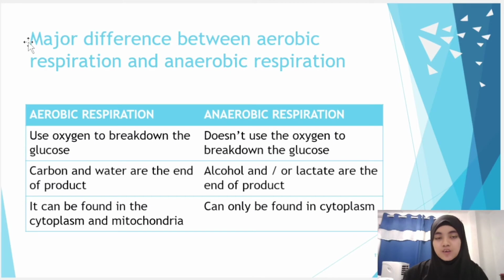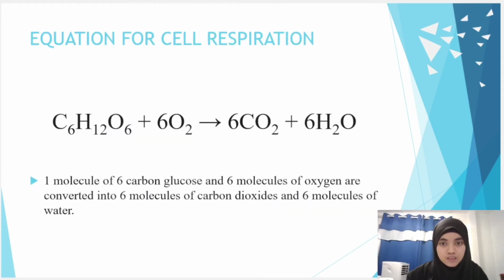There are major differences between aerobic respiration and anaerobic respiration. The first difference is that aerobic respiration uses oxygen to break down glucose. Meanwhile, anaerobic respiration doesn't use oxygen to break down glucose. Next, in aerobic respiration, carbon dioxide and water are the end products.